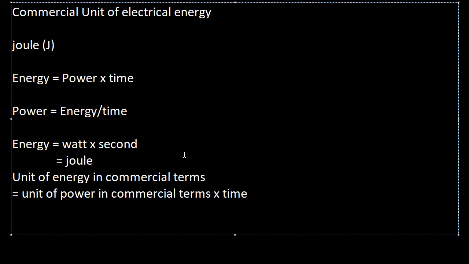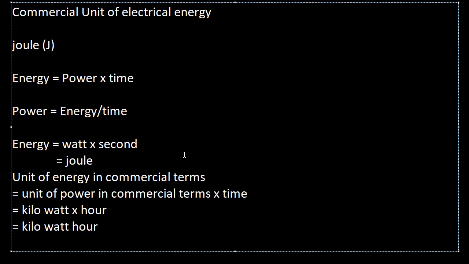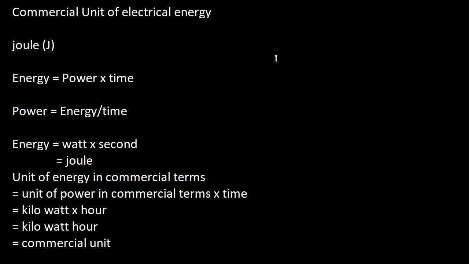So what do we take now? The unit of power in commercial terms is kilowatt, and time is measured in hours. So the unit of energy in commercial terms is actually kilowatt hour, right? And it is also written as commercial unit. So one commercial unit is actually equal to 1 kilowatt hour. So that is the understanding.